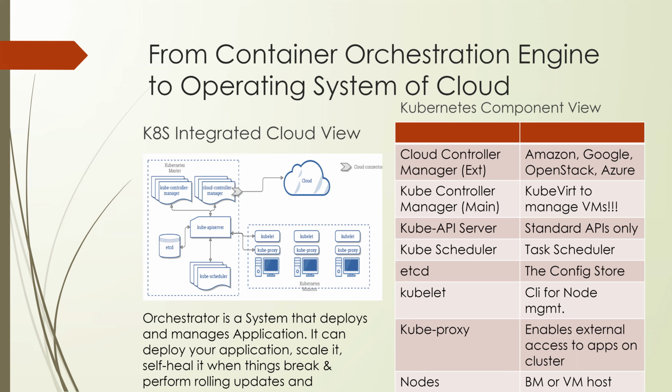DNS or an external load balancer, which really externalizes it so that others can come through the API server from outside and access it. So in itself, it is allowing the pods to talk to each other, applications to talk to each other within the cluster.